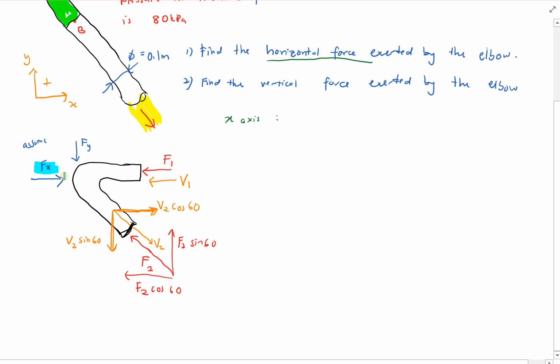So you have here Fx, and then you have this one also, this one, and this one. Okay, so you have 1, 2, 3, 4, and 5 forces acting horizontally.